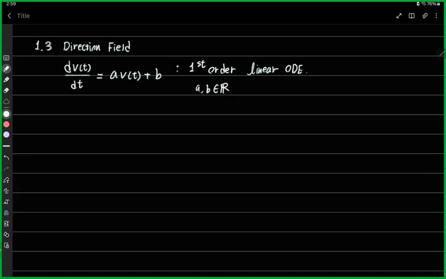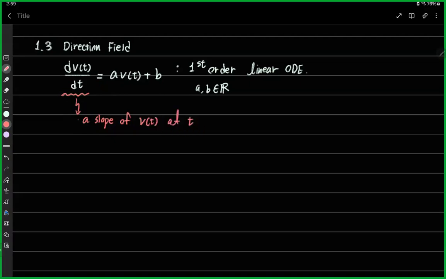Okay, but now when you take a look at the left-hand side, which is v prime, the derivative of v with respect to t, since this is a derivative, we can say it represents the slope of v(t) at point t.